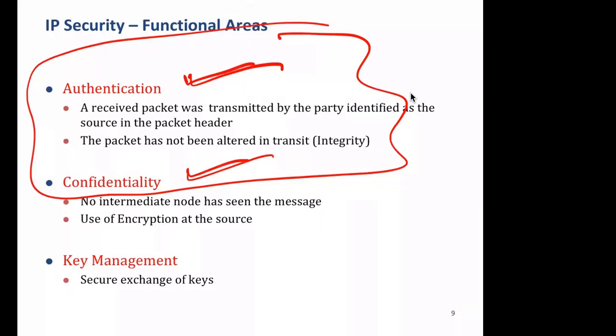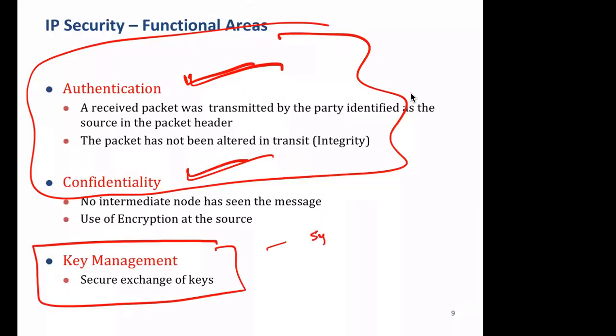And of course key management. Because you need a lot of keys, you need a symmetric key which is shared between two entities, right, which we achieve through Diffie-Hellman. Now for certificates you need to generate a private key and a public key.